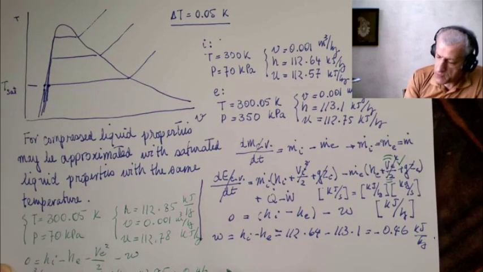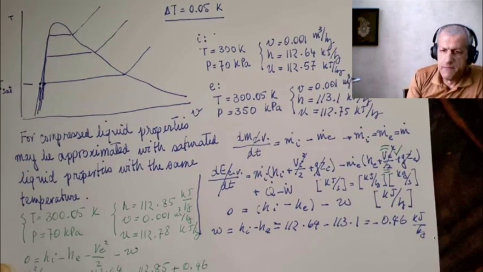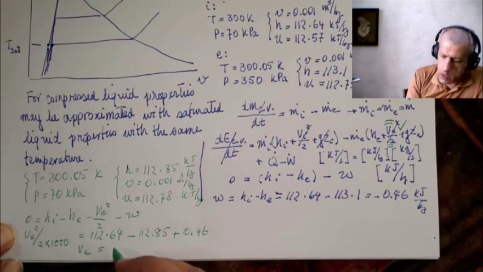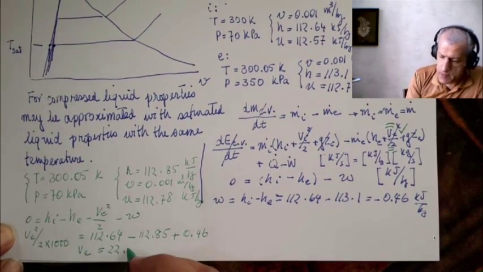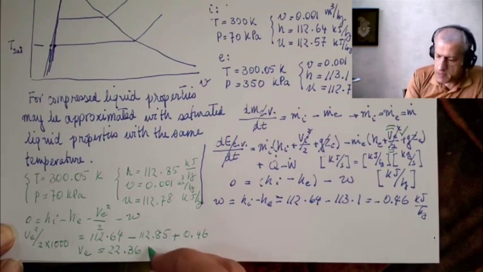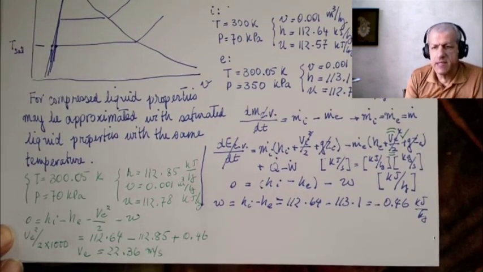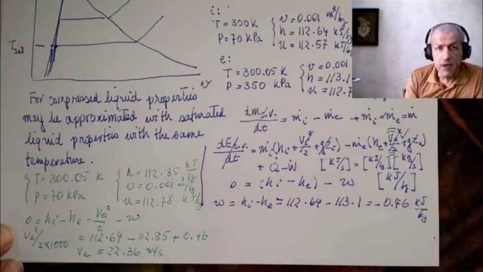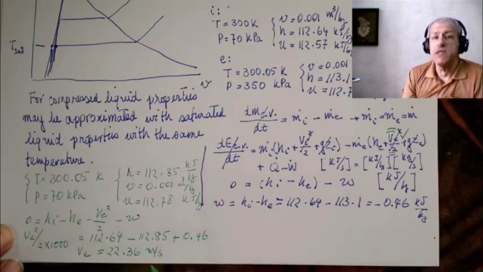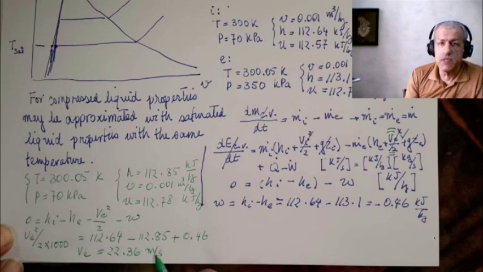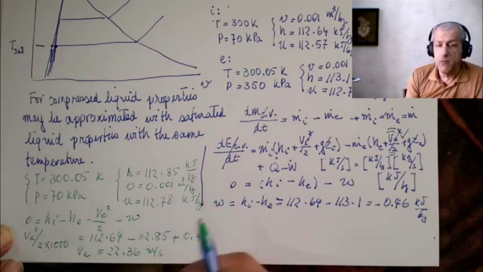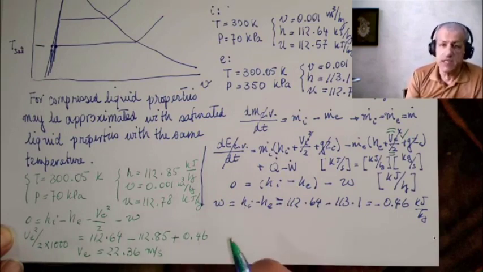And the outcome for v_e would equal 22.36 meters per second. So that's the velocity we would get at the exit if we use a different pump, not the same pump. We use a different pump that, instead of adding to the pressure, would give us more velocity, would increase our velocity.